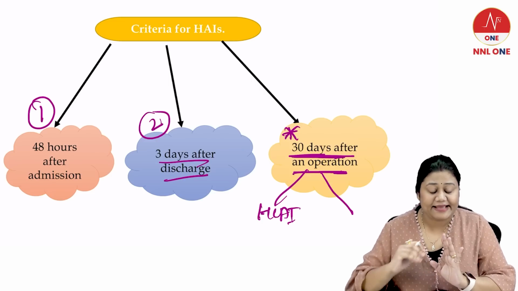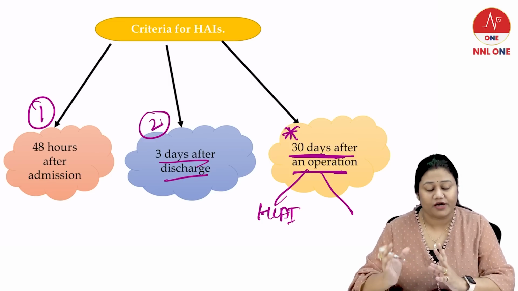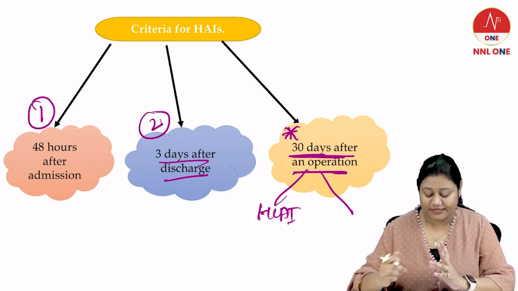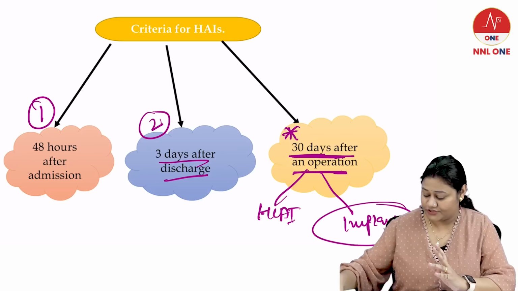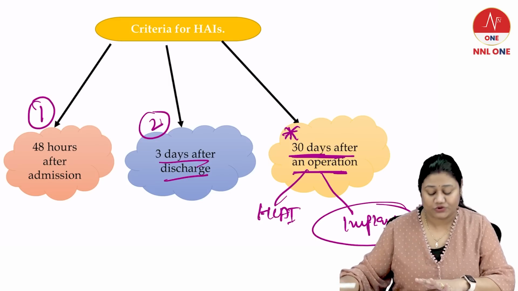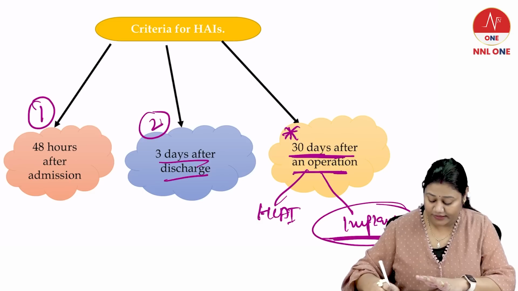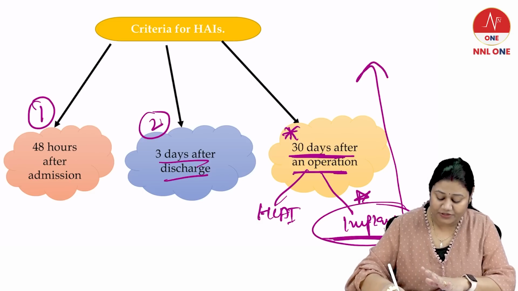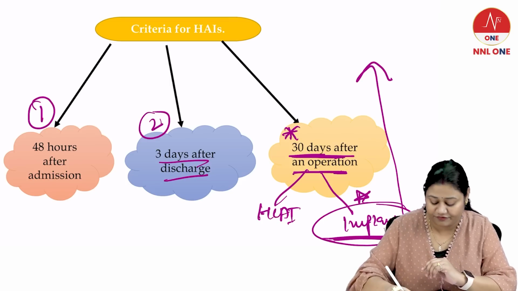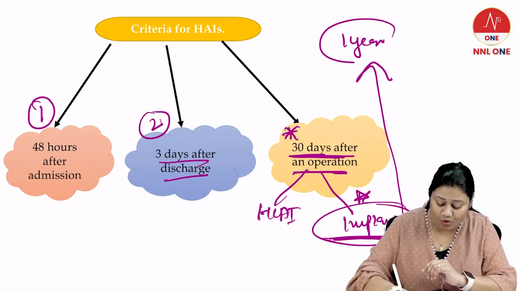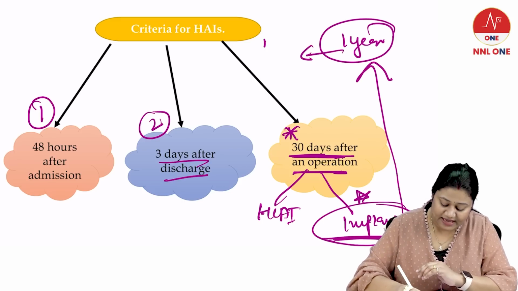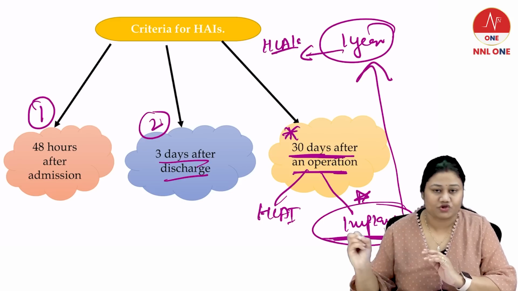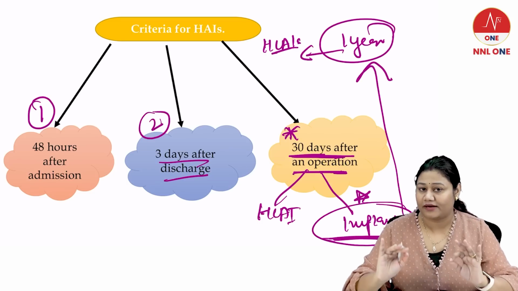But if you have undergone a surgical procedure where an implant has been inserted, and the patient develops any sign and symptom of infection within 1 year of the surgical procedure, then in that case also we consider it a healthcare associated infection, right? So these are very important criteria.